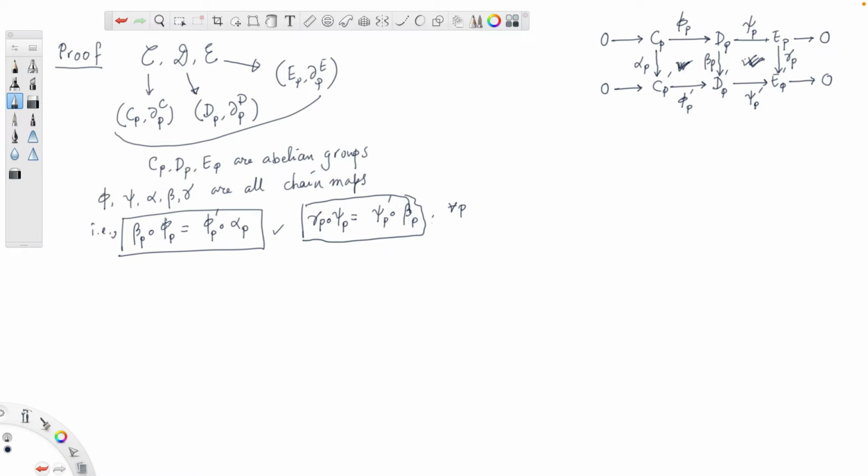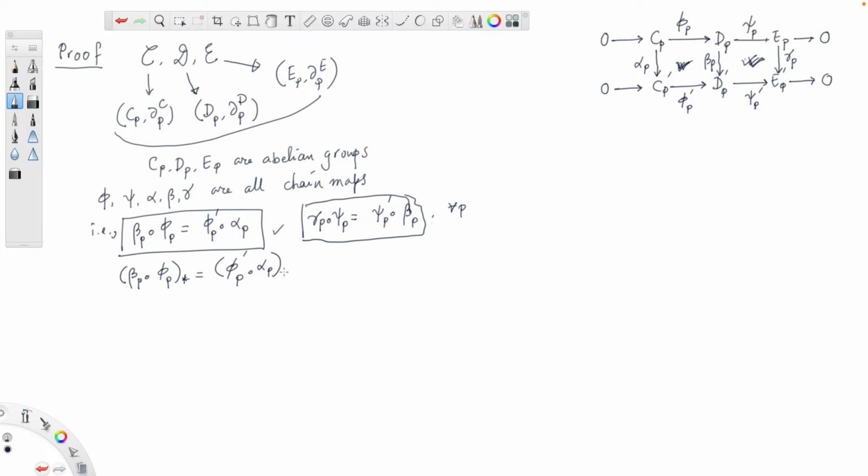First of all, the induced homomorphism of the composite map on the left is equal to the induced homomorphism of the composition of homomorphisms on the right.